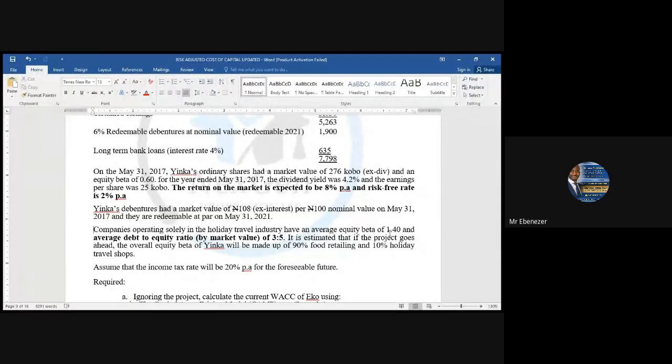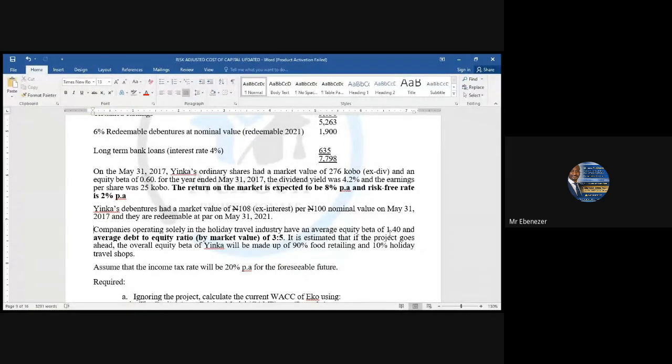It is estimated that if the project goes ahead, the overall equity beta of Inca will be made up of 90% food retailing and 10% holiday travel shop. That will be 100%.